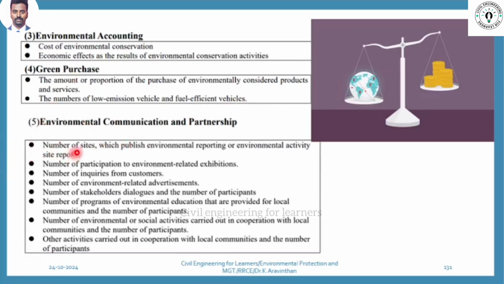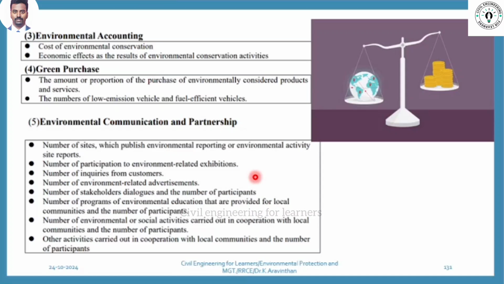Next one is environmental communication partnership. When you are buying a product, can you see a label called an eco-friendly label? Green. Can you see that label? Why do they staple that label? That is the management review requirement, that the organization should show that emblem that it is doing environmental activity, site reports, and how much they publish themselves.